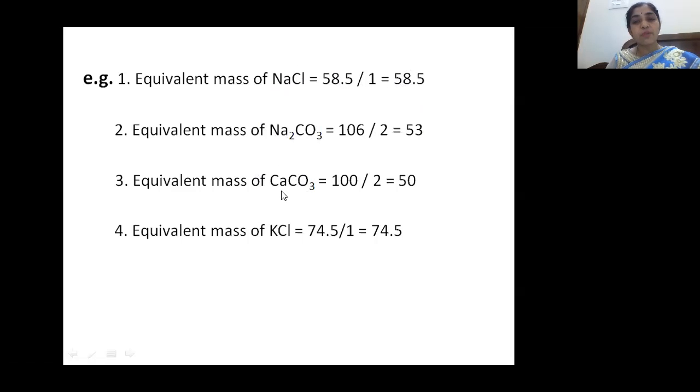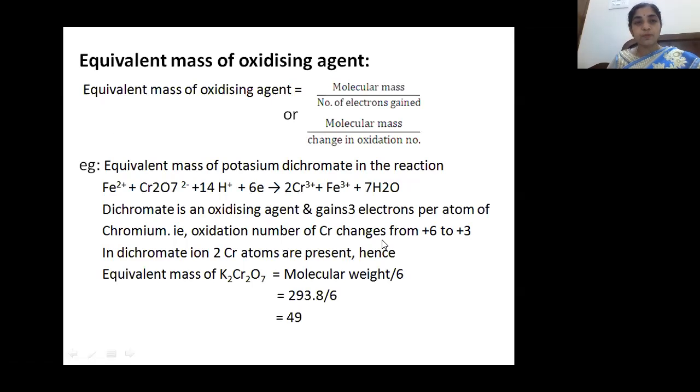And for calcium carbonate, its equivalent mass is 100 divided by 2, where 2 is Ca2+ or CO3 2 minus. So whether you take cationic or anionic total charge, it is 2. So its equivalent mass is 50. Similarly, equivalent mass of KCl is 74.5 by 1, where the answer is 74.5.